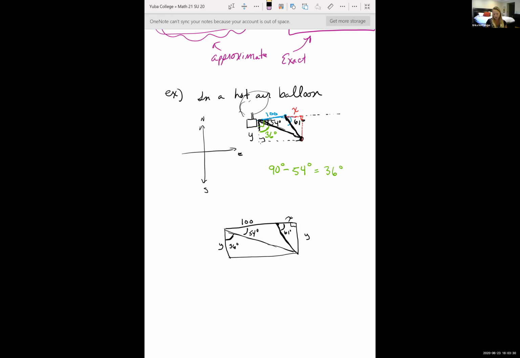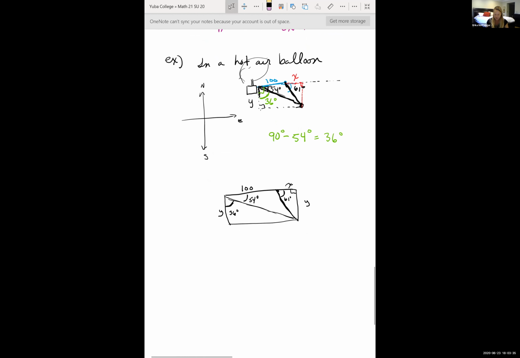So I think there's multiple ways that we can approach this. Let's look at our 54 degrees. Let's look at this triangle in here.